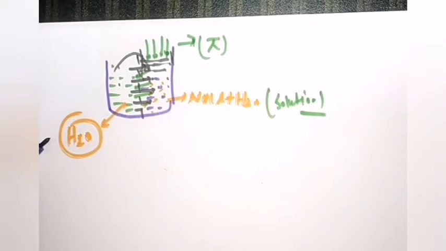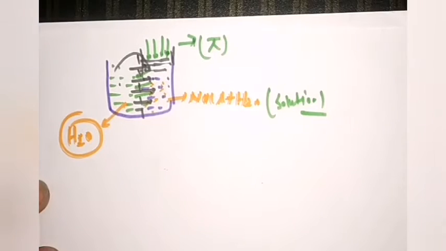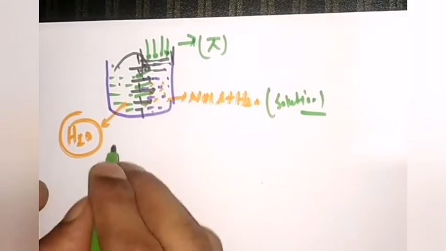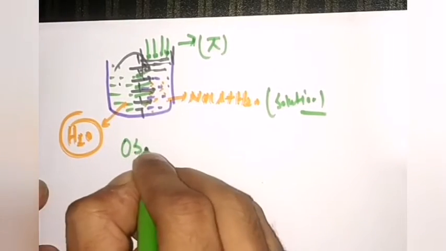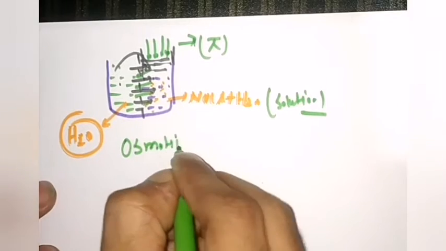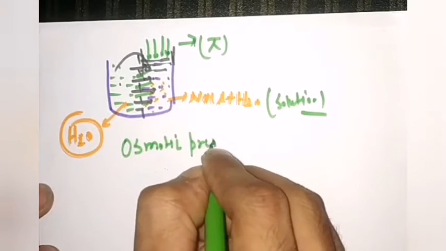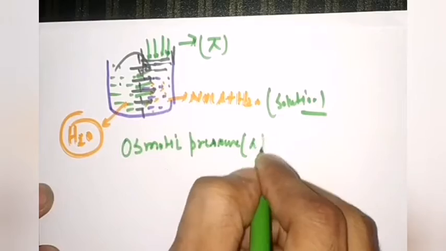The pressure at which the flow of solvent molecules stops from pure solvent to the solution side is called the osmotic pressure, and this is denoted as pi.